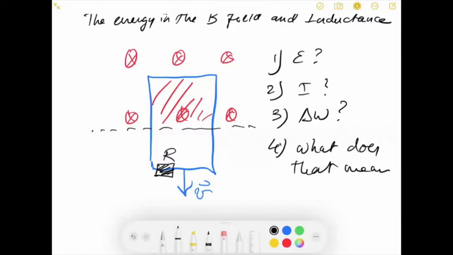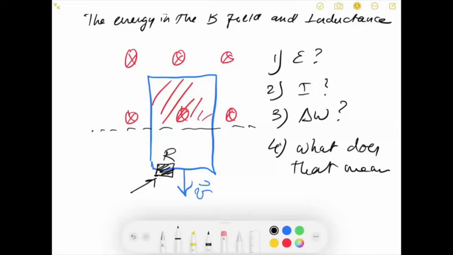We can calculate what the current is, and then as this loop is moved through the barrier between the region with the field and without the field, that current is rotating, and that current is dumping energy into the resistor, and that means that there's going to be energy dumped in this resistor, and it's going to get hot.